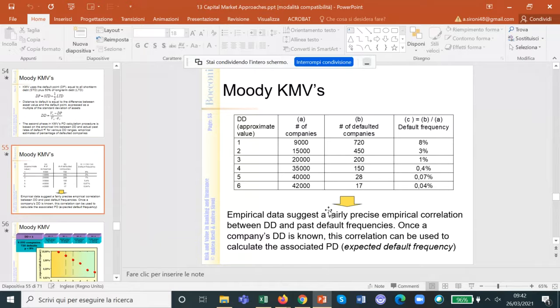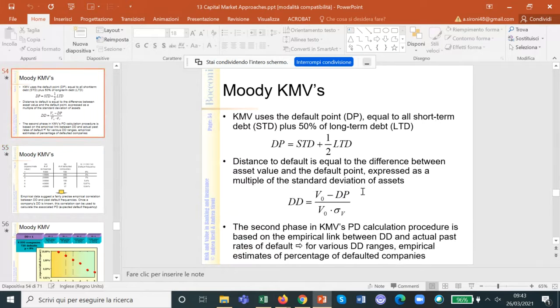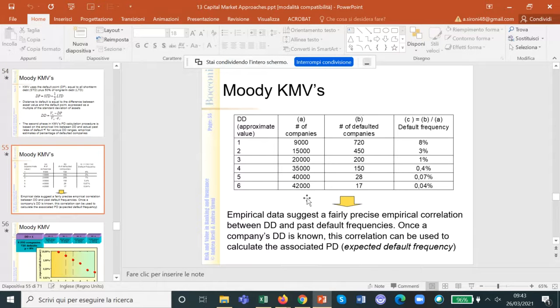So then they construct a system of, if you want, rating grades. All the companies that have a distance to default which is approximately equal to one standard deviation of the asset. Remember, distance to default is expressed in terms of multiples of asset volatility. So all these 9,000 companies have a distance to default which is more or less one asset standard deviation. Those 15,000, two asset volatilities. These 20,000, three asset standard deviations, and so on.